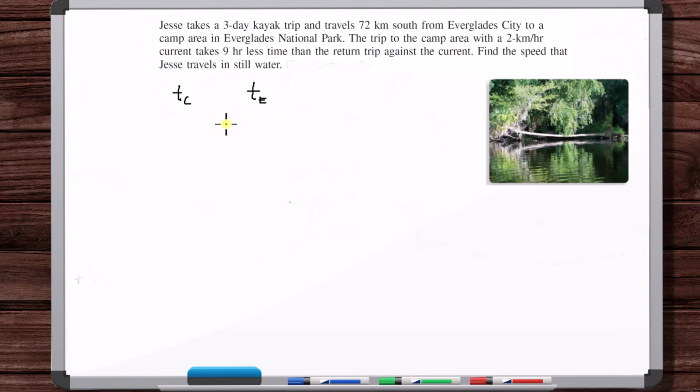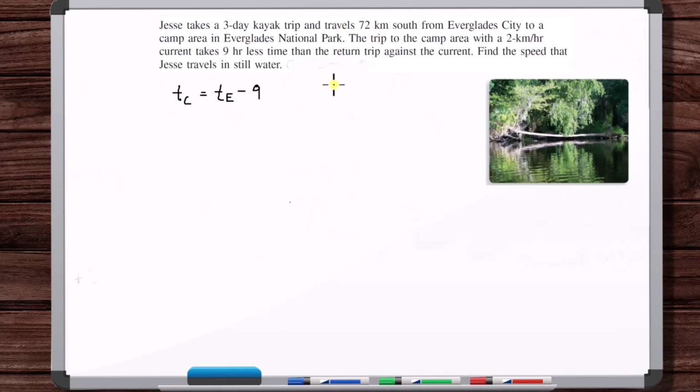All right, so the trip to the camp area takes 9 hours less time than the return trip, which is against the current, right? So the trip to the camp area is going to take less time than the return trip because the return is against the current.